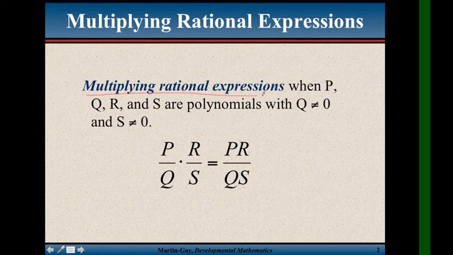So this is the representation of multiplying rational expressions. P and R are the numerators, Q and S are the denominators of these two rational expressions, P over Q and R over S. Then we just multiply them directly: P times R and Q times S. That's all. And make sure that Q is not equal to 0 and S is not equal to 0.